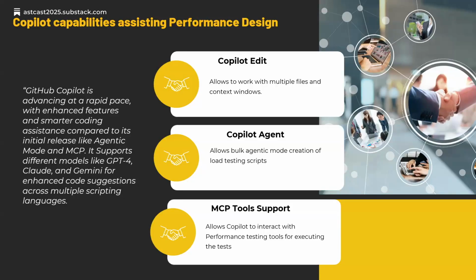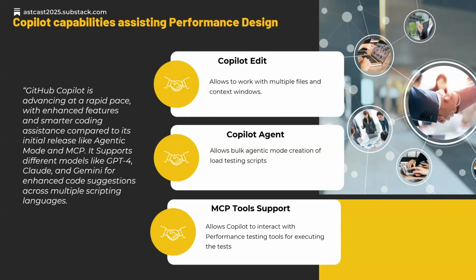The second one is agent mode. So there are three options which you can see in any of these coding assistants: ask, edit, and agent. The ask mode is to clarify your doubts or get back some coding suggestions, whereas the edit mode is where you allow the coding assistant tool to create the script automatically.